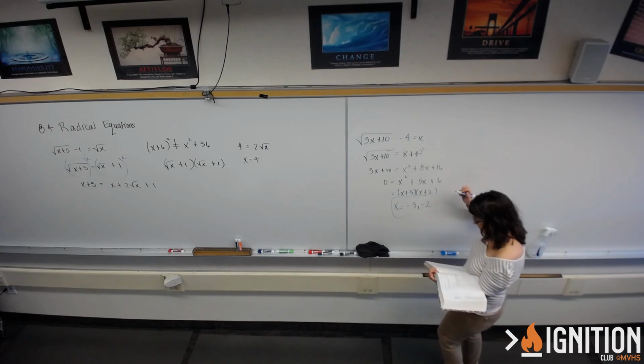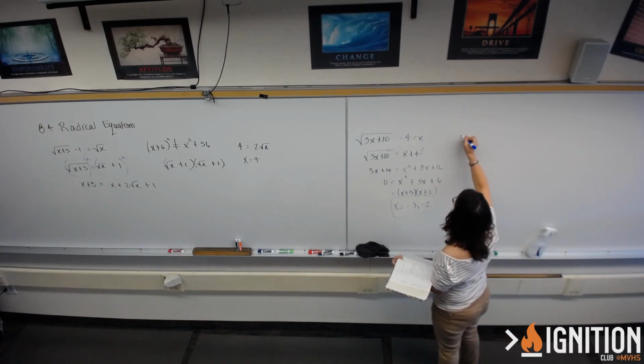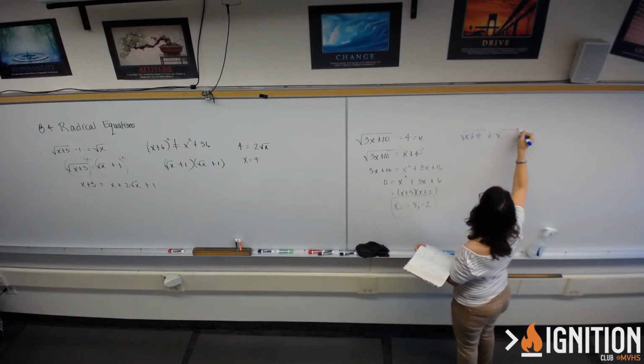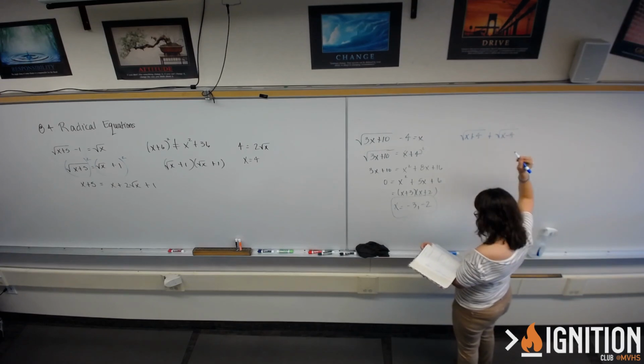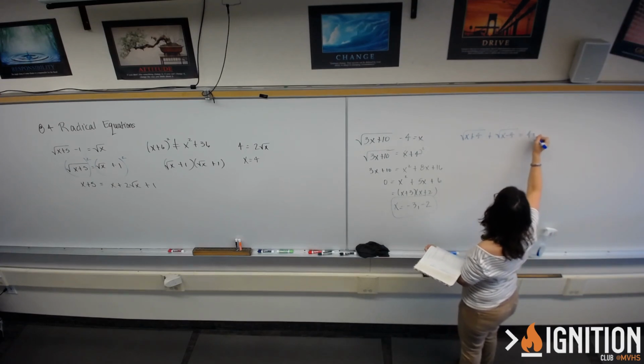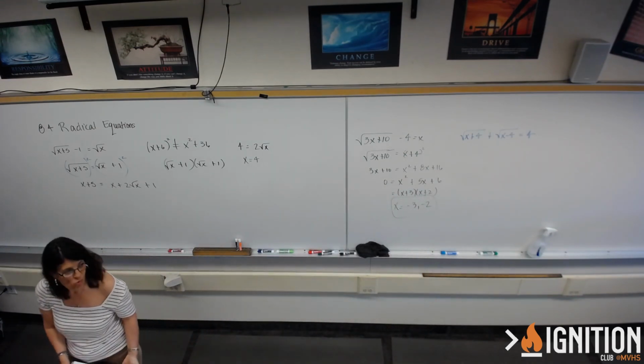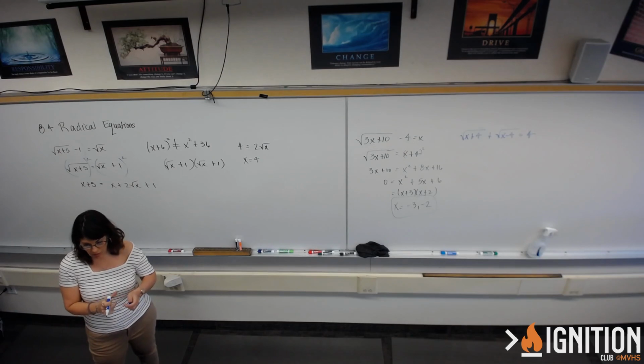All right. There's a lot of 4s in this problem, which I don't particularly like, but root x plus 4 plus root x minus 4 equals 4. What's going on?